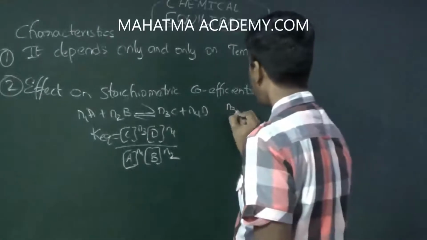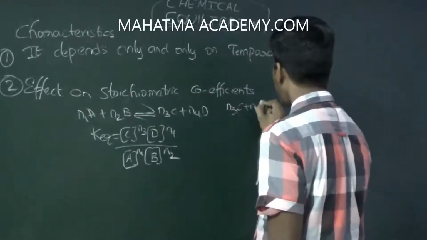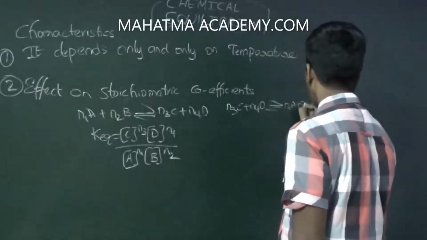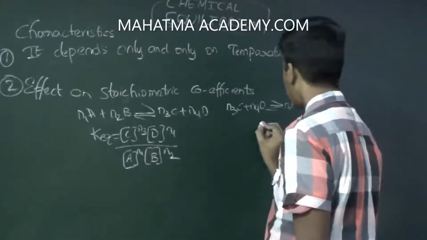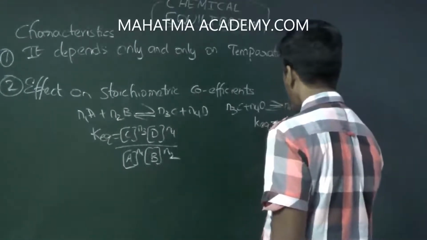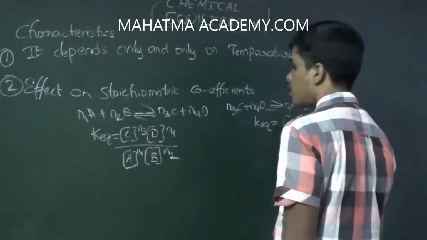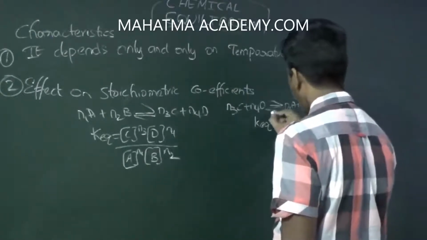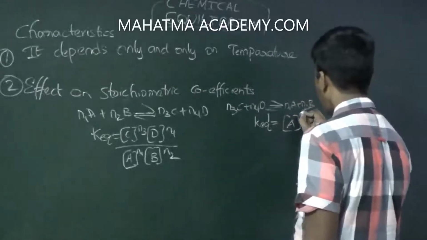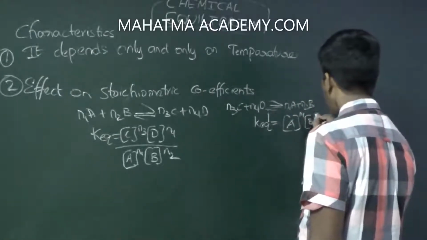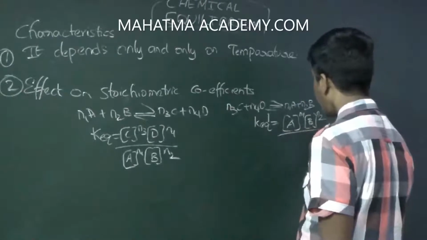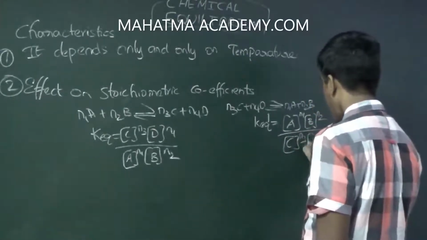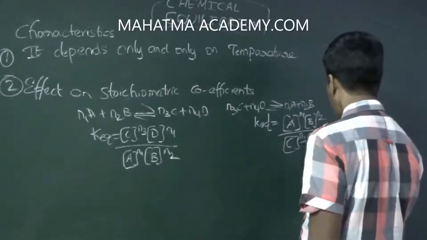Now n3 C plus n4 D gives rise to n1 A plus n2 B. Now K' is equal to [A] to the power of n1 and [B] to the power of n2 divided by [C] to the power of n3 and [D] to the power of n4.